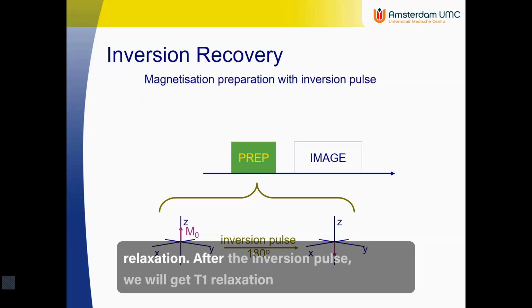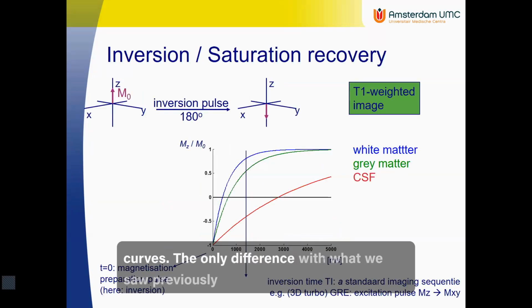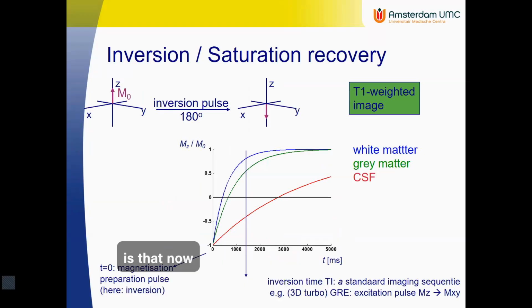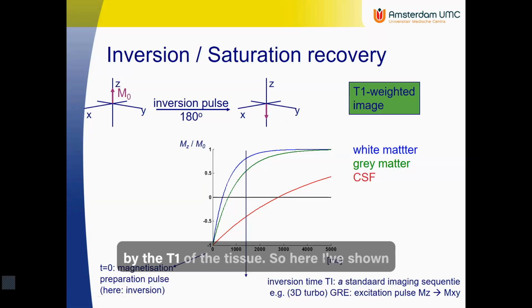After the inversion pulse, you get relaxation curves. The only difference with what we saw previously is that the starting point of the relaxation curve is -1, because it's inverted, all the way against the field. But the rate of relaxation is identical and is determined by the T1 of the tissue.